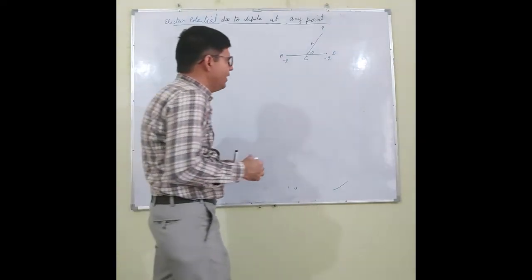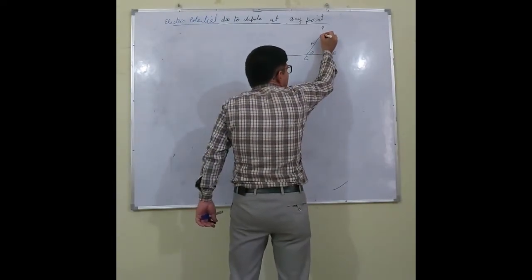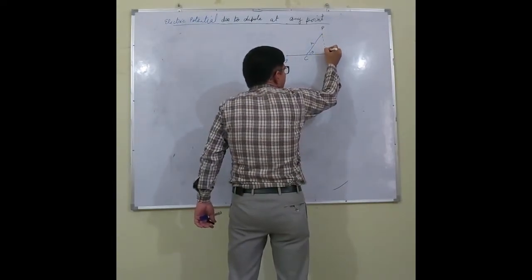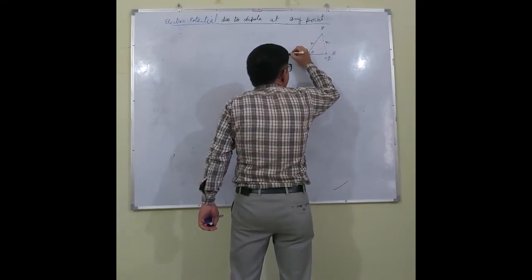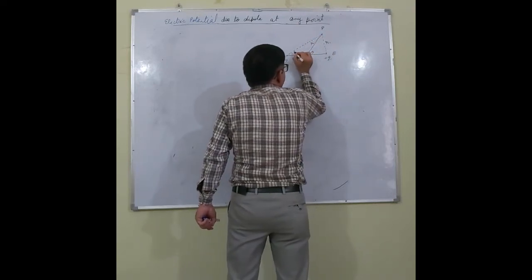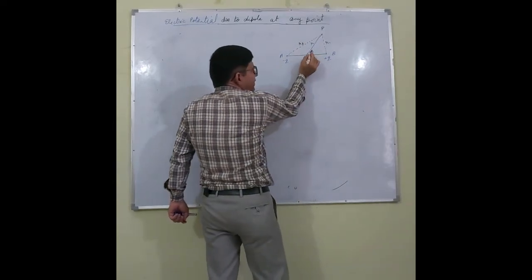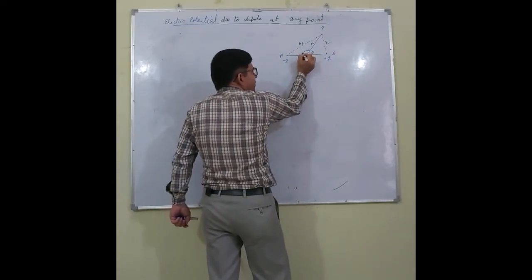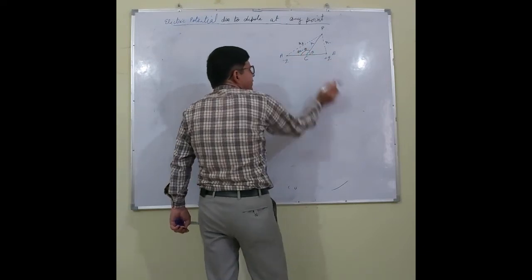How can I calculate the electric potential at point P? Now join PB. Let us say this distance is R1, and join AP. This distance is R2. This angle is theta. So what will be this angle? 180 minus theta.